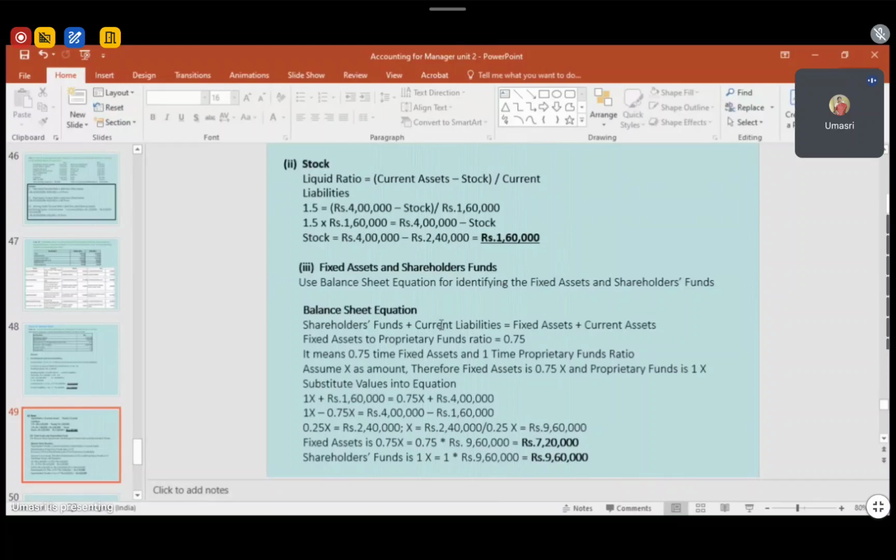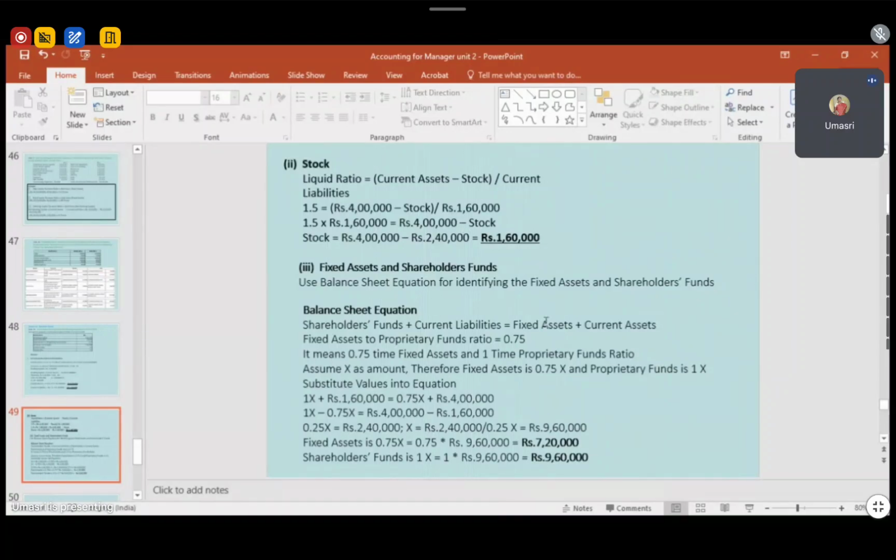Long term liability we are assuming is zero, plus current liability is equal to, on this side, total asset, which means fixed asset plus current asset. Here current asset we know, current liability we know, shareholders fund we do not know, fixed assets we do not know. So let us take shareholders fund as X.